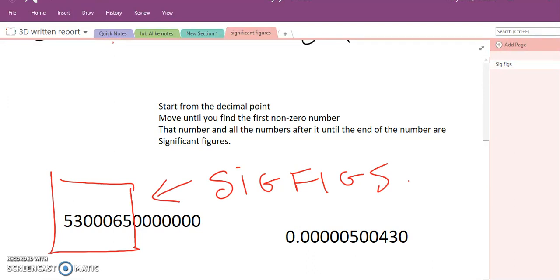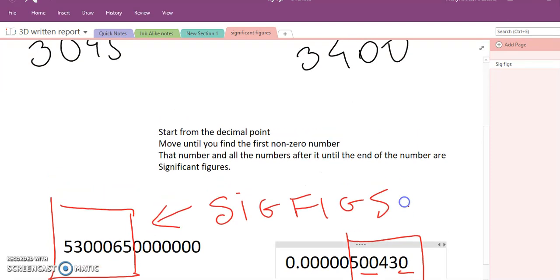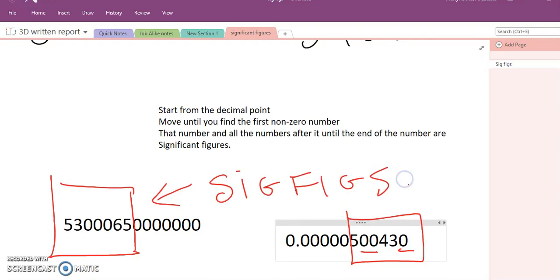I'm going to find the first non-zero number. This is number 5 over here. This number and everything after it until the end of the number, they are all significant figures, including these 2 zeros and this 0 over here. They are all significant figures.